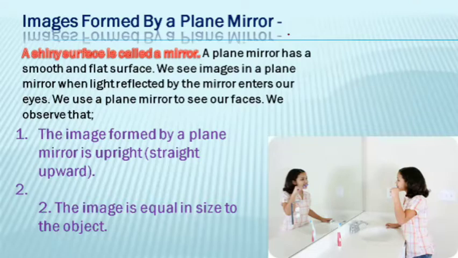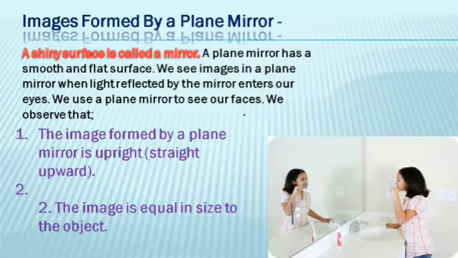It can be a metal plate, or any stagnant water surface, because we can see a reflection in it. And we also use a plane mirror in our home to look at ourselves.